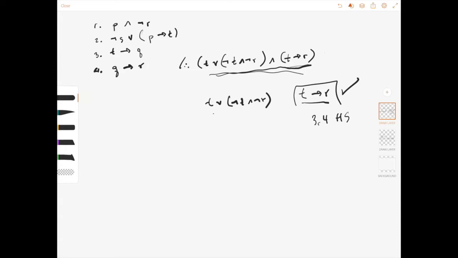This other part is going to pose a bit of a challenge, because what we need is to see where we could get the components of this. Let's look again. We always want to start by noticing the major operator. The major operator is disjunction. So what are some inference rules that allow us to work with disjunctions?